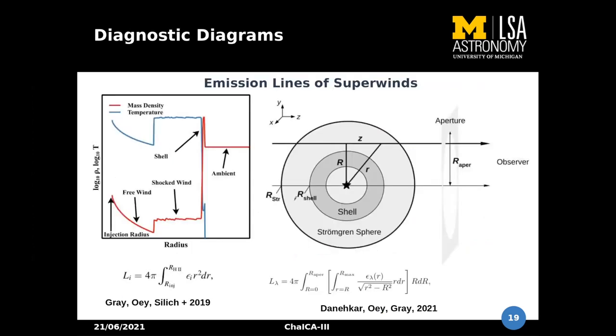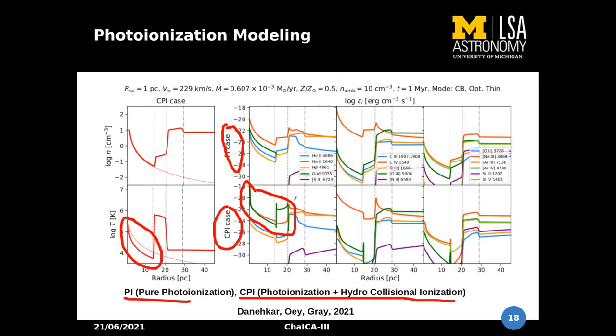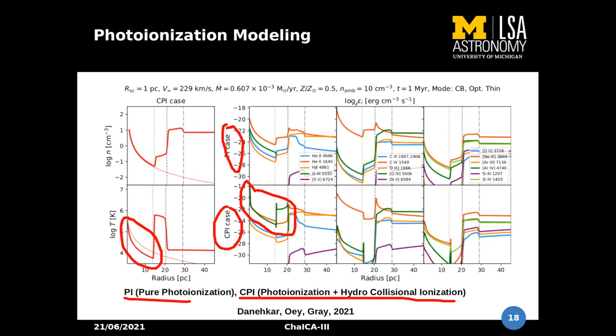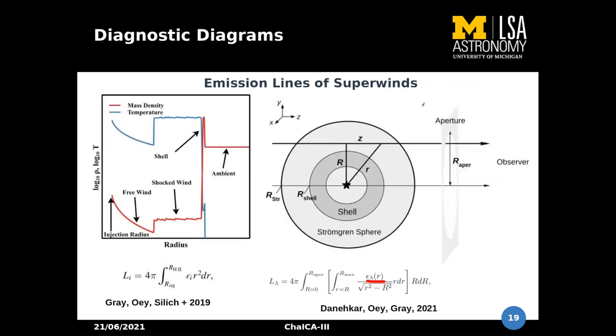And in order to make BPD diagrams, we use this volume emissivity, which I show here. This is volume emissivity, which is produced by Cloudy, and we take it as input in some Python codes, and we calculate these integrations, which enable us to calculate radiation bounded and density bounded luminosity.